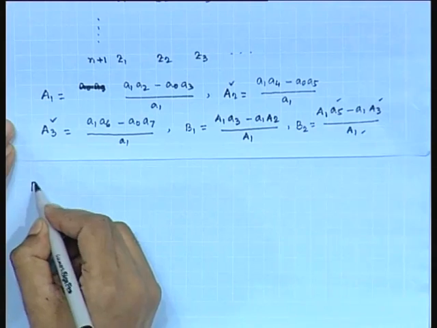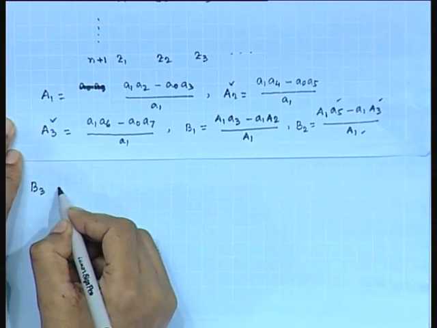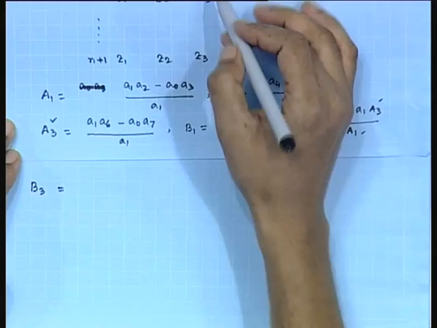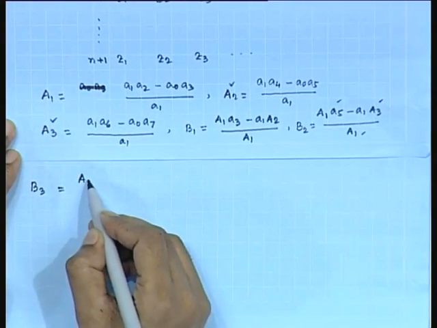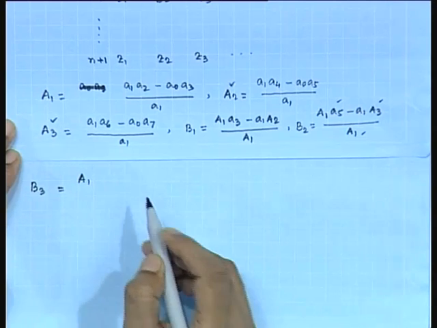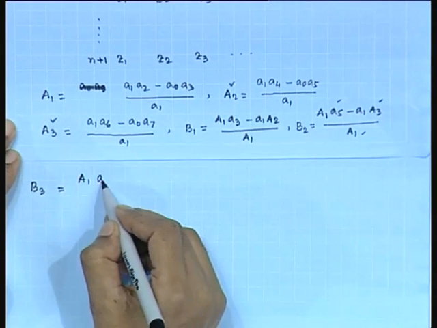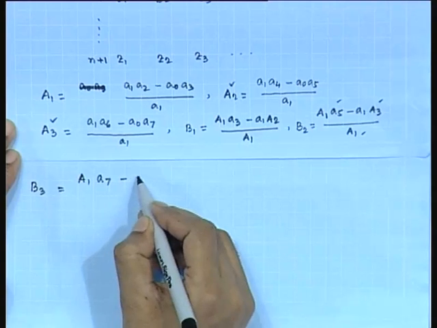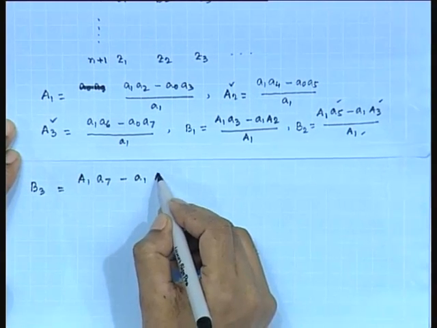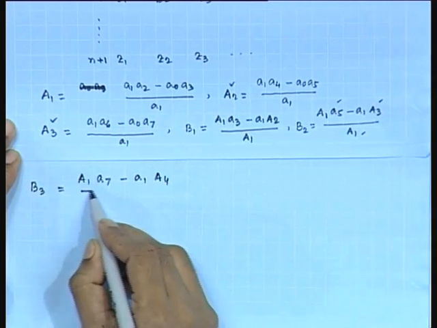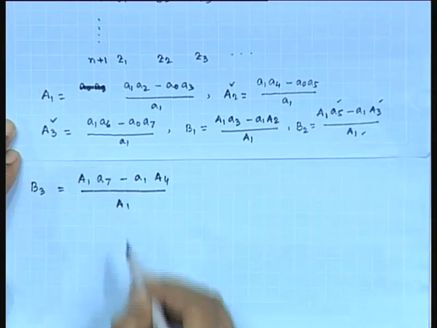Another element is B3. So, B3 we can write as capital A1 small a7 minus small a1 capital A4 divided by capital A1.